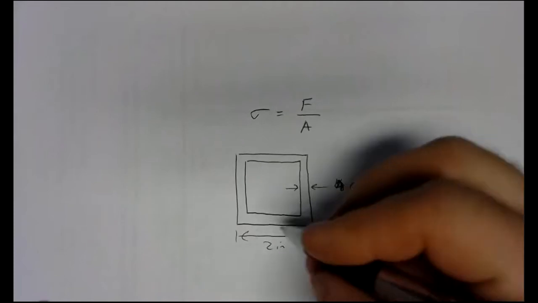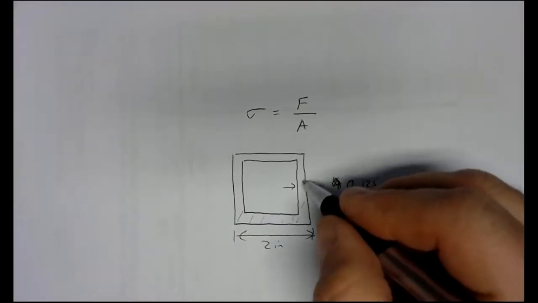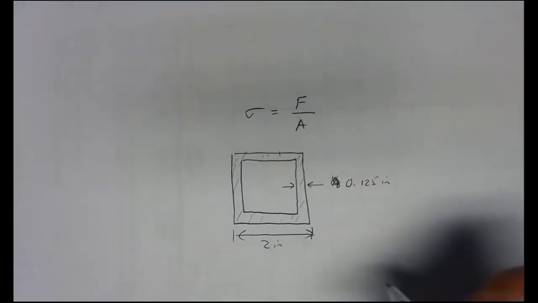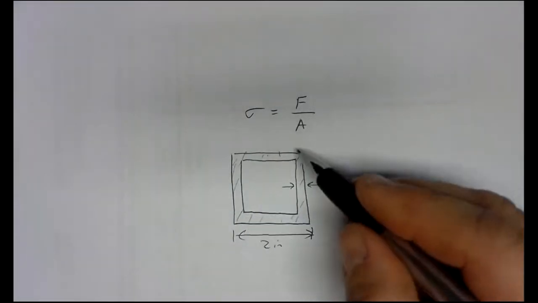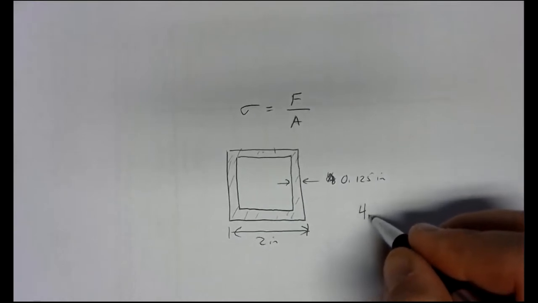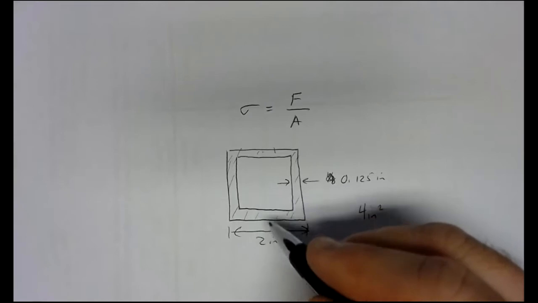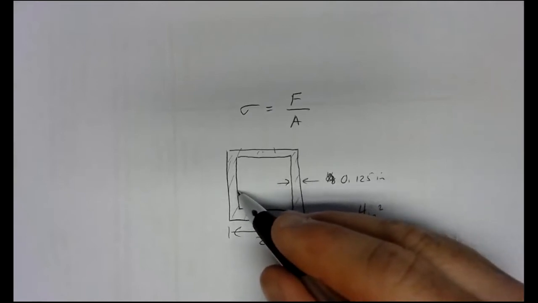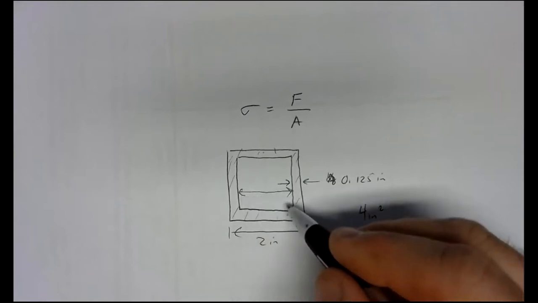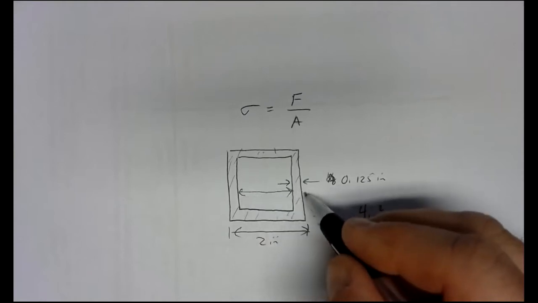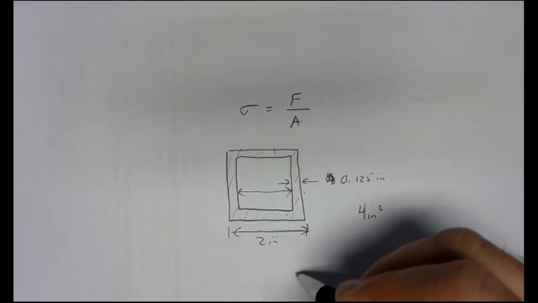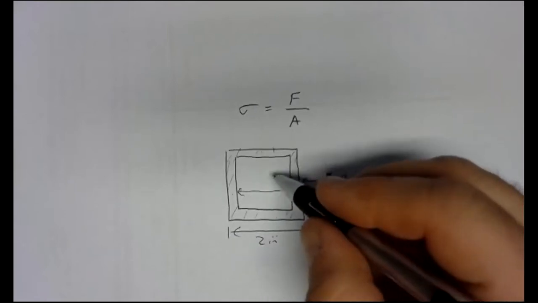So let's go over to the screen here. To find the area, you need the area of the shaded part. The easiest way to do that is find the area from the outside. That's 2 inches times 2 inches, that's 4 square inches, and then subtract off the area on the inside. To find the area on the inside, you need this distance right here. That distance is 2 inches minus 1/8 and minus another 1/8, so it's 2 inches minus 1/4, so 1 3/4 inches.